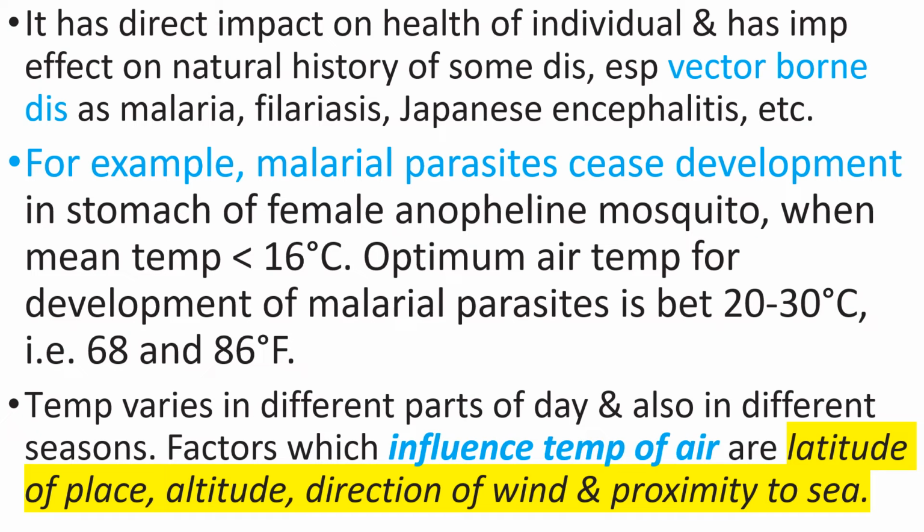The optimum air temperature for development of the malaria parasite is between 20 to 30 degrees centigrade. Factors which influence temperature of air are latitude of place, altitude, direction of wind, and proximity to sea.